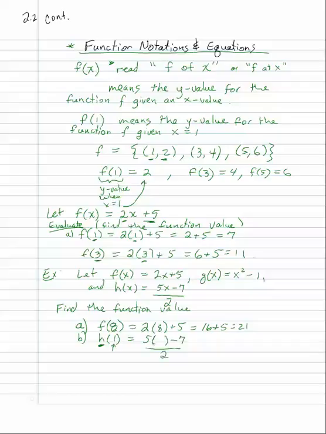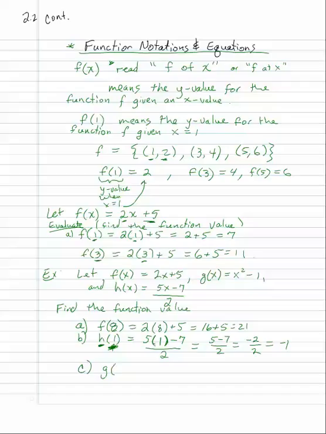Now this is a good technique: wherever the x is, you just leave it blank and put a parenthesis there. Then whatever's inside the parenthesis in h of 1, you put in the parenthesis, everywhere you see an x. So now we do the math. 5 minus 7 is negative 2. Negative 2 divided by 2 is negative 1. So h of 1 is negative 1.